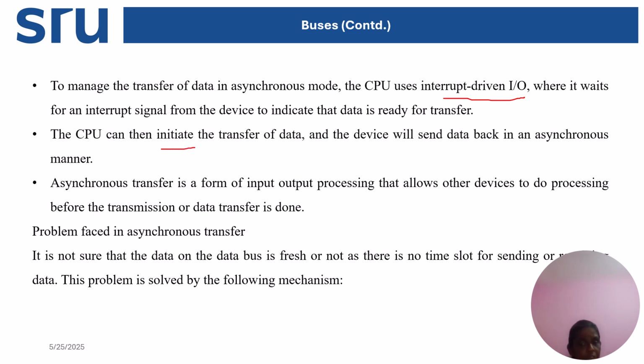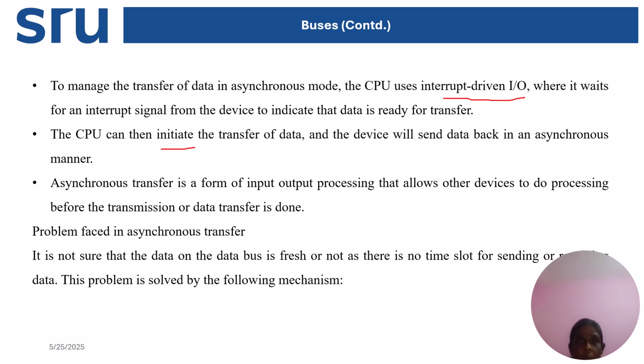Once the CPU recognizes the signal, it initiates the transfer of data, and the device will send data back in an asynchronous mode. After acknowledging that initiation, the device will transfer the data.